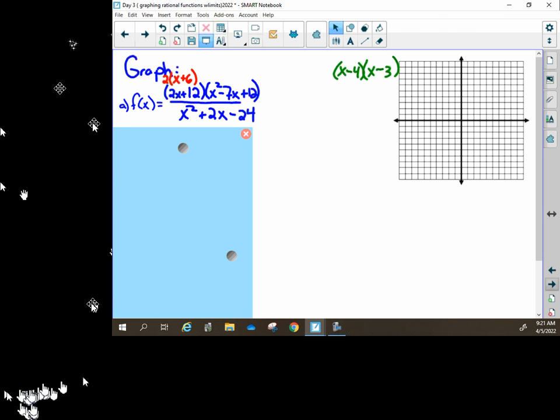And if it did, x plus 6, what would the other factor be that would give us negative 24, and hopefully the insides and outsides give us positive 2? x minus 4. So that's awesome, because those cancel.